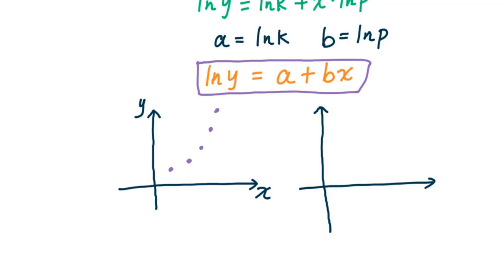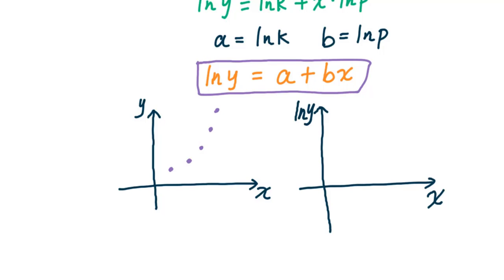If the data between x and y is an exponential model like this, we can transform this nonlinear model into a linear model like this. The x won't change, but for the y coordinate, I will take the natural log of y.